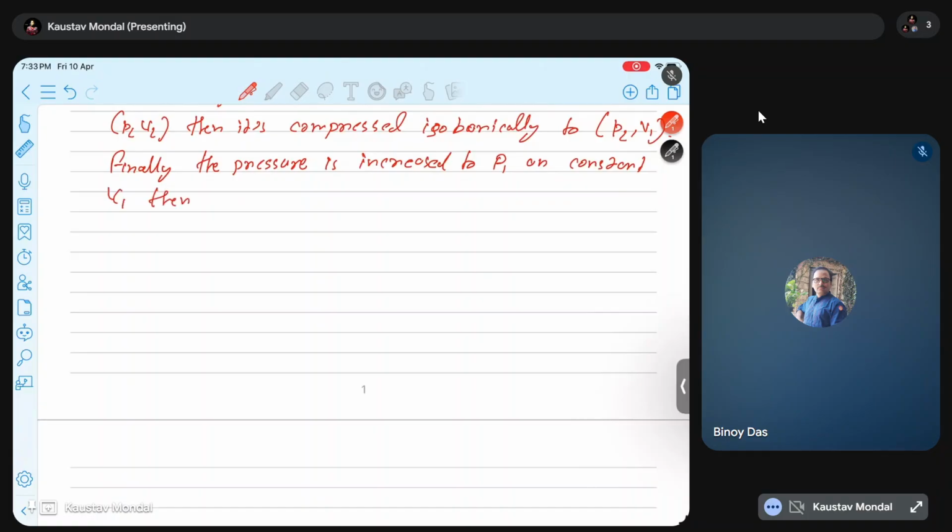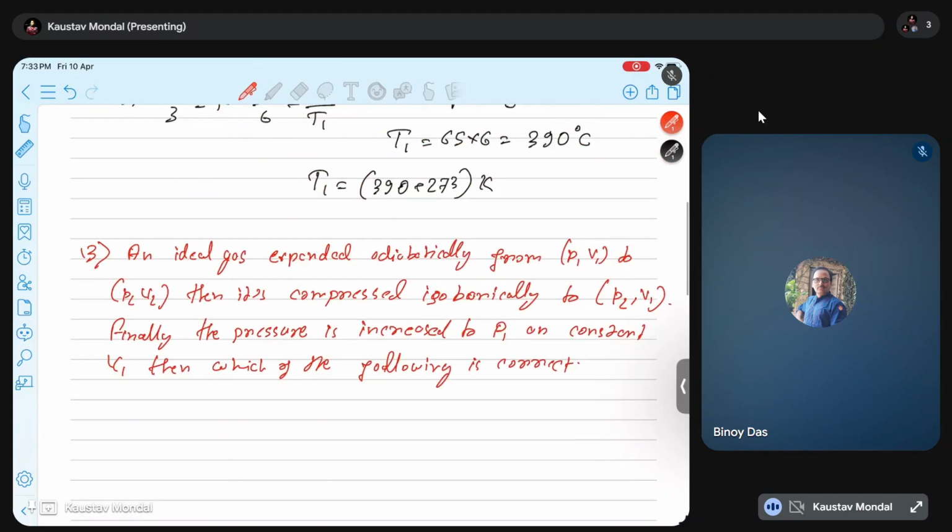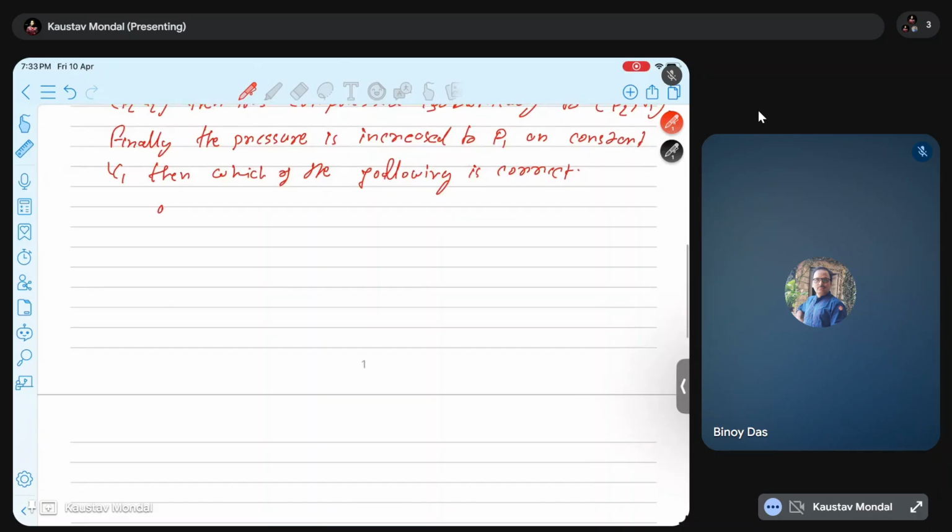Then which of the following is correct? There is certain information given, so we have to find out which of them is correct and which of them is wrong.